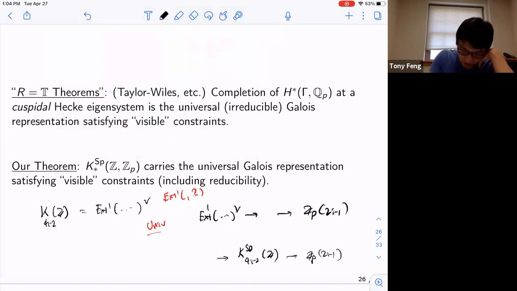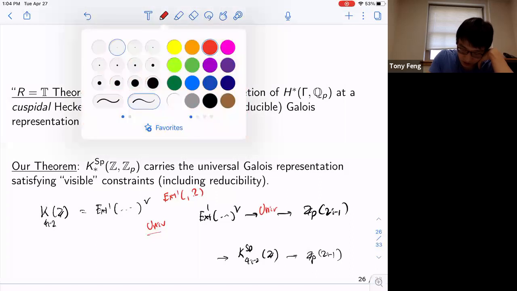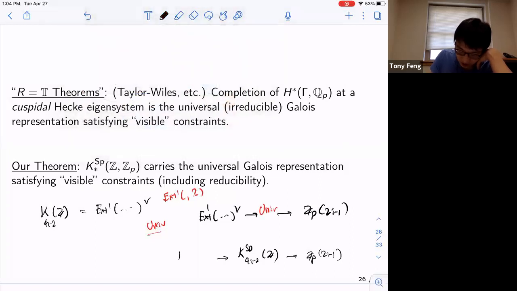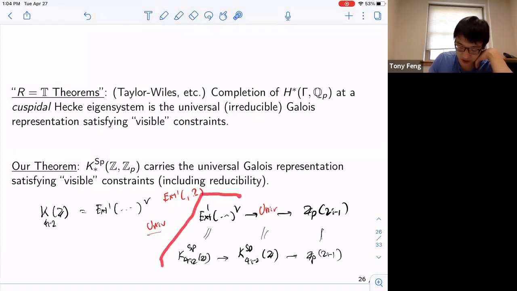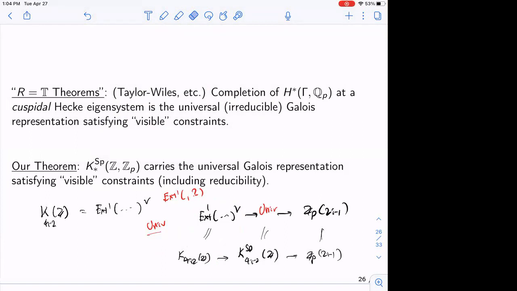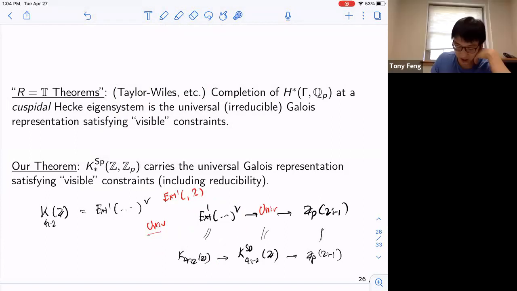Symplectic K theory looks like this, and the kernel looks like this. When you identify them, you do see that the K theory class is the extension class in such a sense.